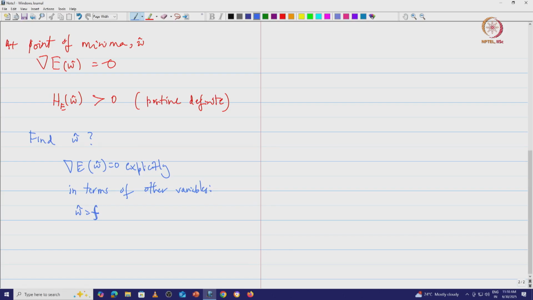So in such cases, we cannot solve for omega hat from this equation. That is the beginning of all our computational troubles. To arrive at this omega hat analytically would be very difficult, and the computer will not be able to calculate omega hat directly. So how do we go about this, and how do we come up with a workaround for this?